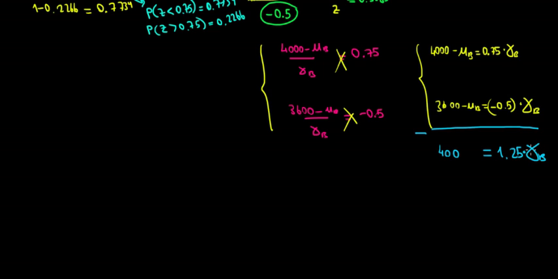Now, we have the relationship for the standard deviation, so we can calculate it over here. The standard deviation is going to be equal to 400 divided by 1.25, which is equal to 320.